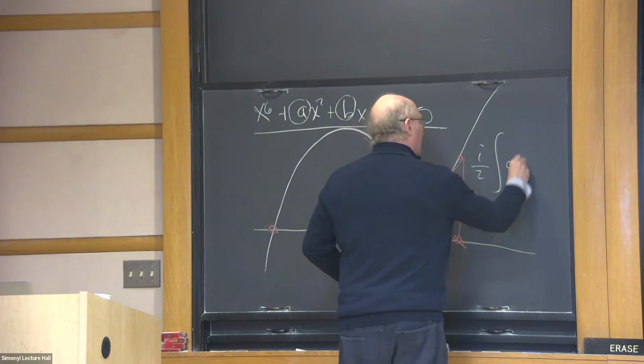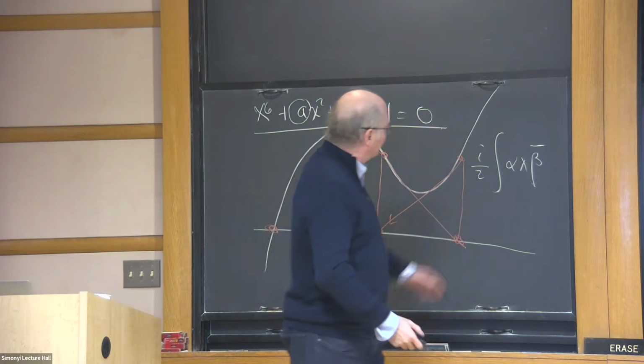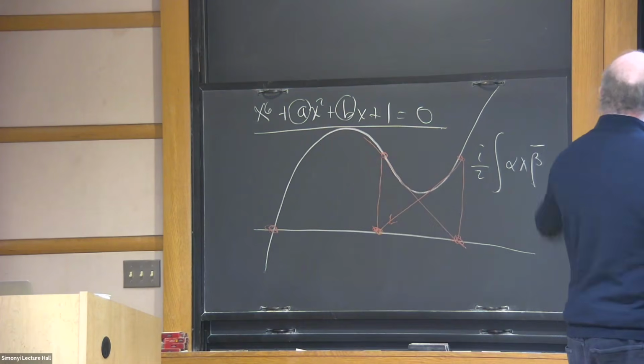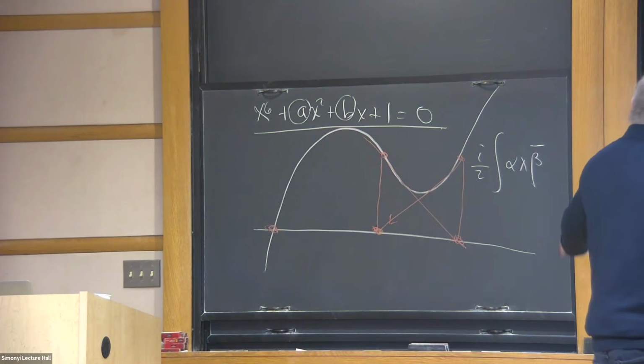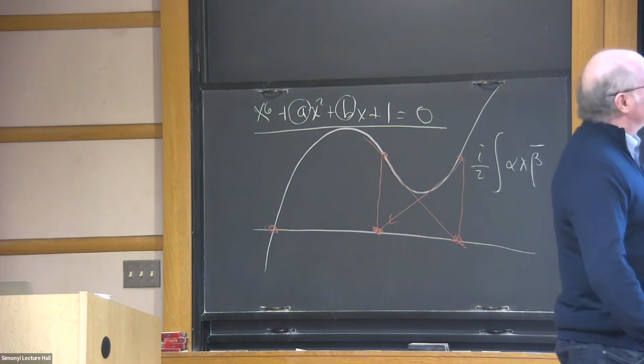Now, I want to remind you that on H1 of X, say with complex coefficients, we have a Hermitian form: i over 2 times the integral of alpha wedge beta bar gives a Hermitian form on the entire one-dimensional de Rham homology with complex coefficients.